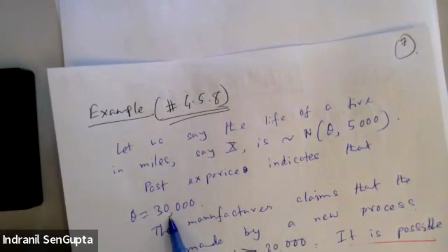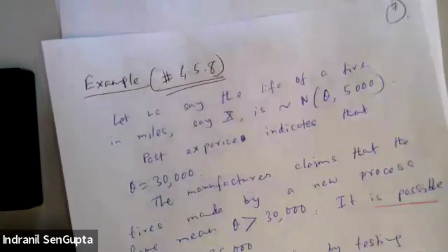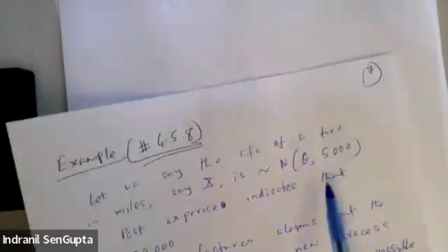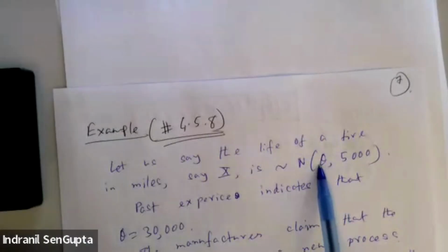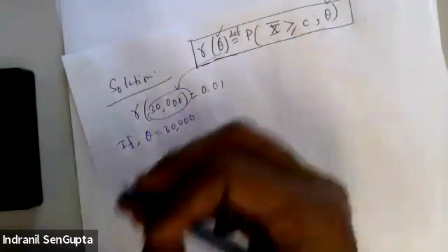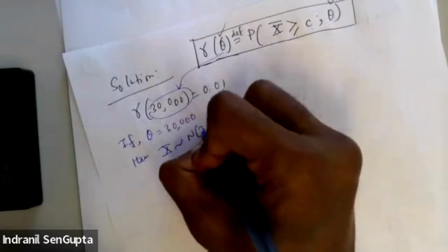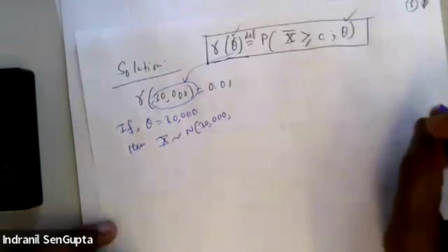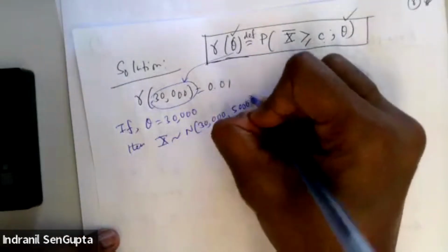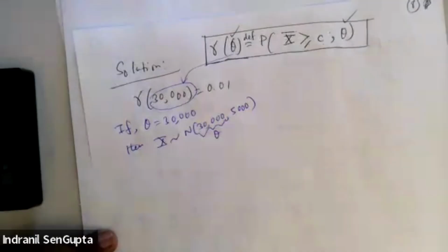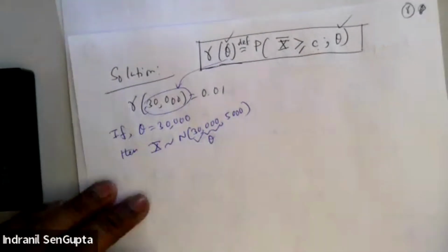So we can safely say that the expected value, this normal distribution has mean 30,000. Then x satisfies a normal distribution with 30,000 and 5,000. So this is the value of theta.